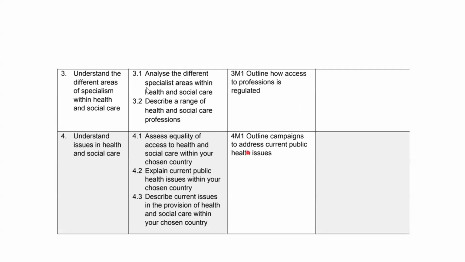The third learning outcome is to understand the different areas of specialism within health and social care, so you will understand the range of health and social care professions that you can opt for. The fourth is to understand the issues in health and social care. In a nutshell, this is what you should be expecting from these sessions.